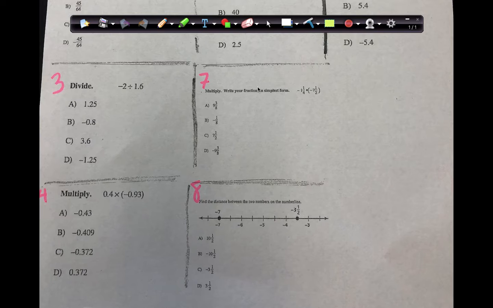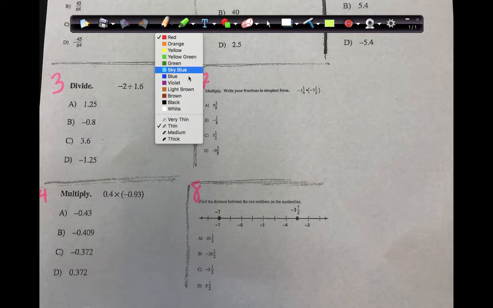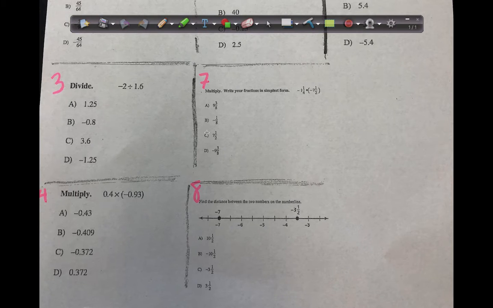This is the one with the most steps. It's going to have a positive answer, so we'll eliminate this one negative answer that we have here. And actually we have two negative answers that we can eliminate. And we're going to change this from a mixed number to an improper fraction.